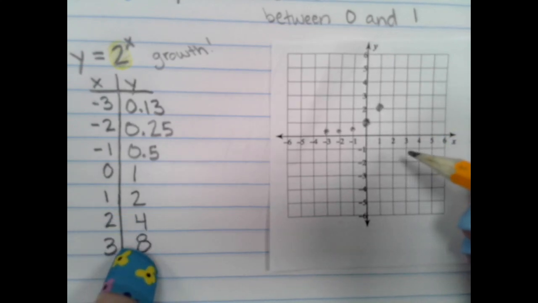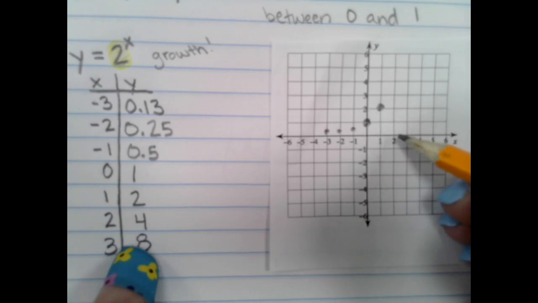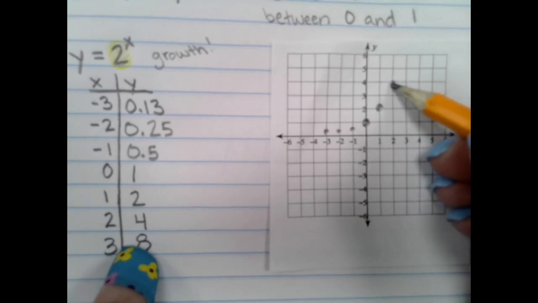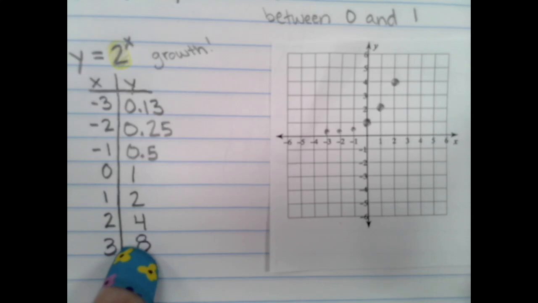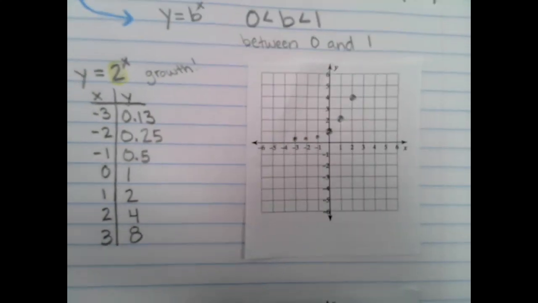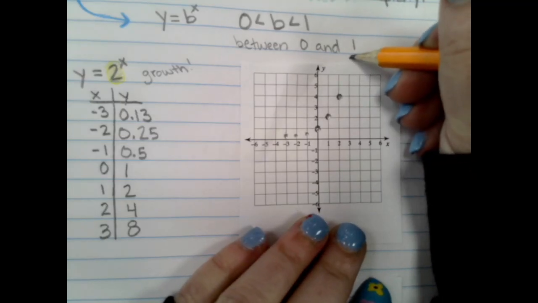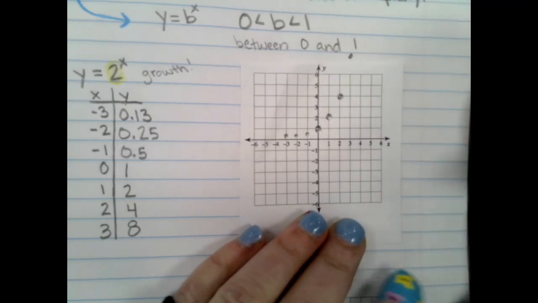And then 2, 4, so right 2, up to 4. And then we have 3, 8. And 8 isn't on the graph. We can guess about where 8 would be. Here's 6, so 7, 8-ish. I'm going to put it there. It's off the graph. So this one is growth. I'm going to use red because that's what I used for growth earlier.